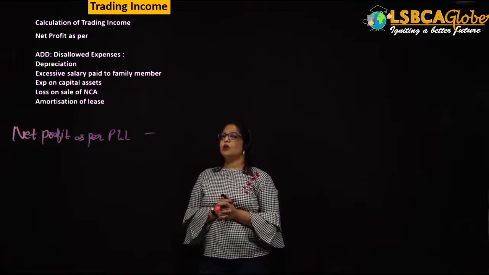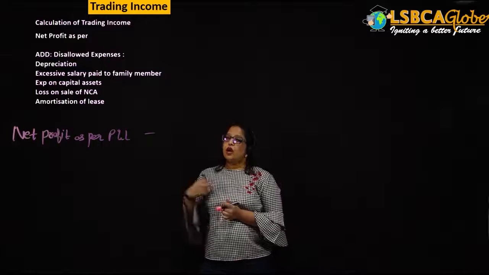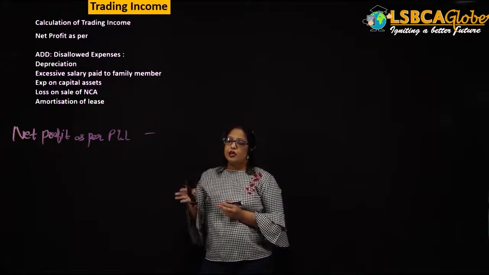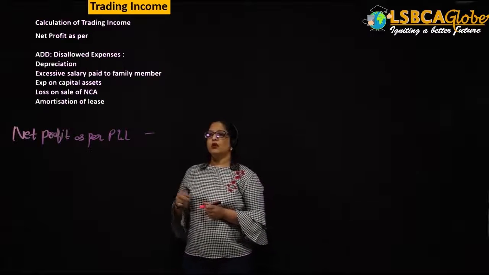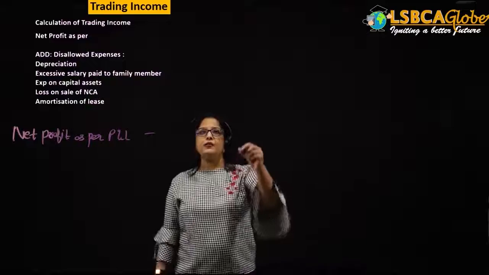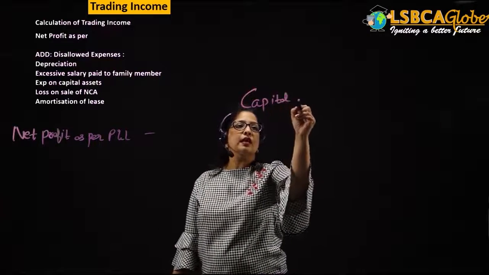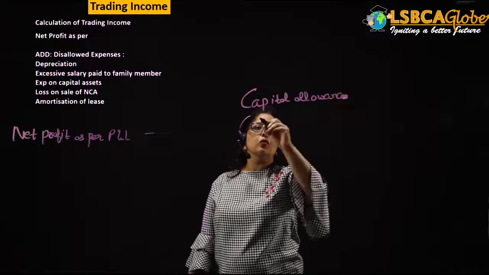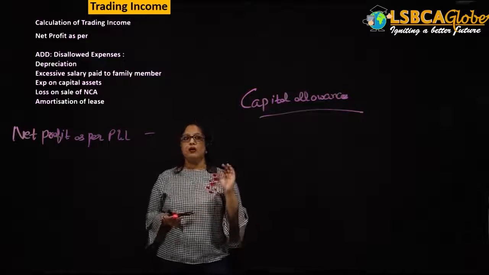Depreciation is not allowed under UK taxation. You have done depreciation in the IFRS, but for taxation purposes, depreciation is not allowed. Instead of depreciation, capital allowance is allowed, which I am going to discuss later on. Instead of depreciation, capital allowances are allowed.